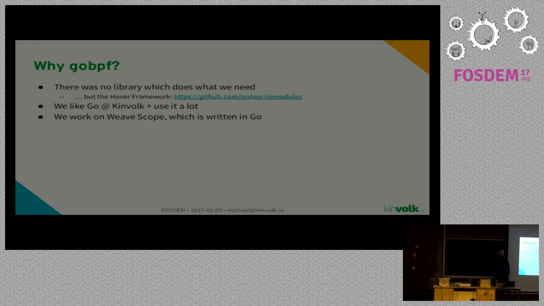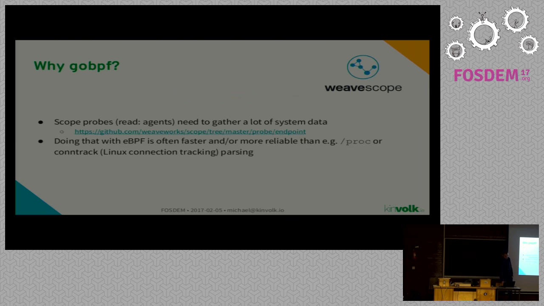And the second reason is we work on Weave Scope, which is a tool to do cluster monitoring, for example Kubernetes, and this is written in Go, and it also needs to gather a lot of data from your system, for example running processes, containers, network connections.